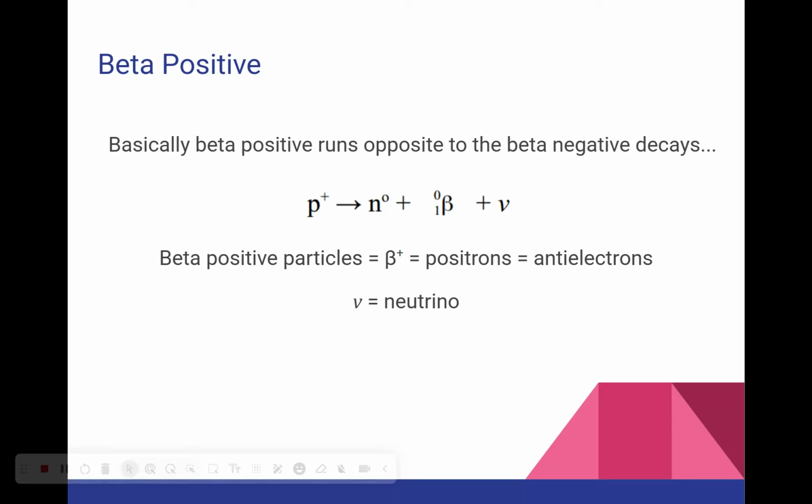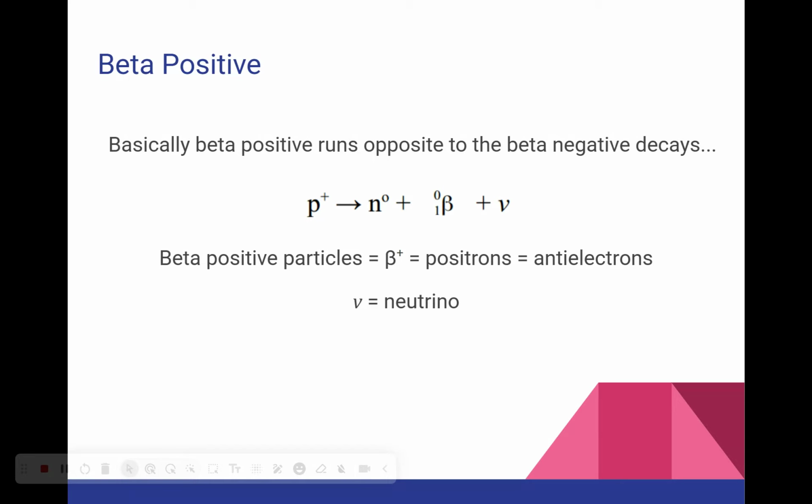The kooky thing about that beta positive particle is that it is the opposite of an electron. And no, I don't mean proton. I mean an opposite electron. It has exactly the same mass as an electron, but it has a positive charge. It's an anti-electron, the antimatter version of an electron. That's why we sometimes also call it a positron, because it's positive, but like an electron.